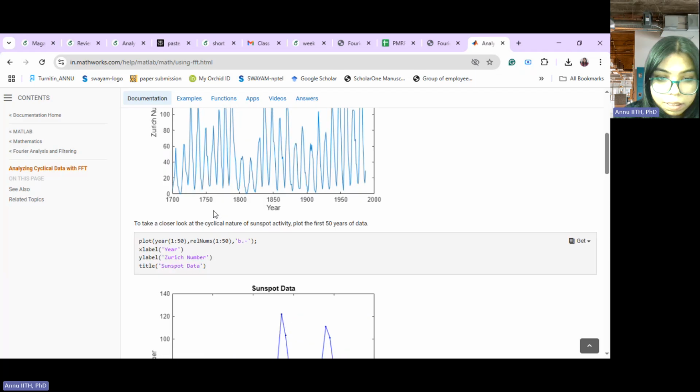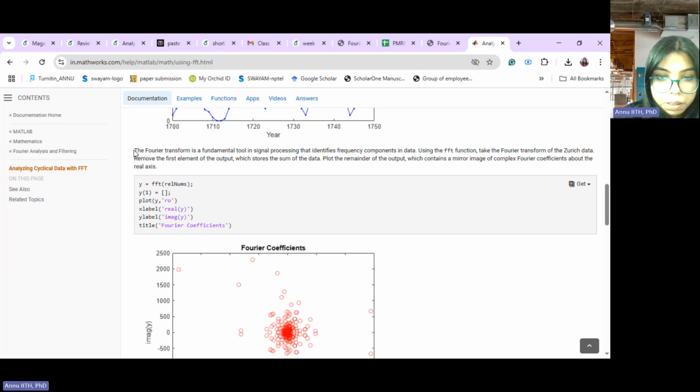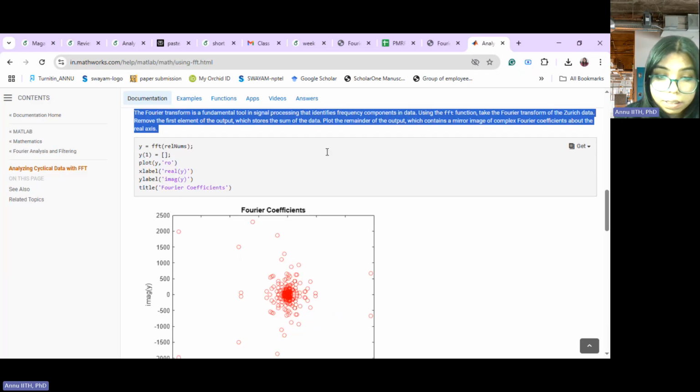So what does that mean? The Fourier transform is fundamental to signal processing. It identifies the frequency components in data. Using the fft function, take the Fourier transform of the Zurich data, remove the first element of the output, which stores the sum of the data, and plot the remaining output, which contains the complex Fourier coefficients, over the real axis.